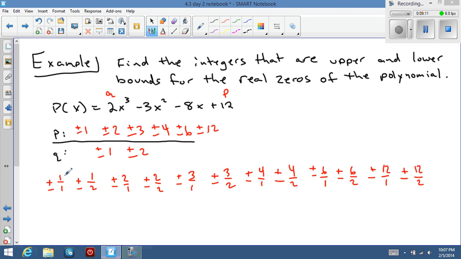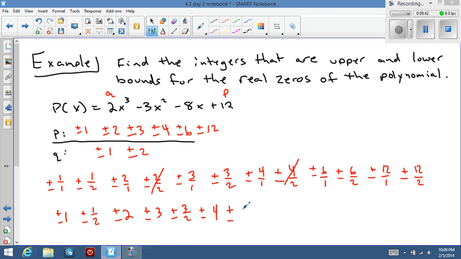And now the 12, positive negative 12 over 1, and 12 over 2. Now when I look at this list, I have positive and negative 1, positive and negative 1 half, positive negative 2. 2 over 2 is the same thing as 1, so I can cancel that out. I also have positive and negative 3, 3 over 2, and 4. 4 over 2 is the same as 2, so I can cancel that out.